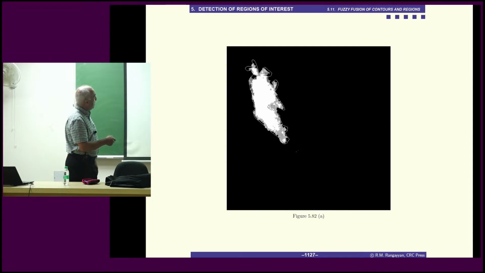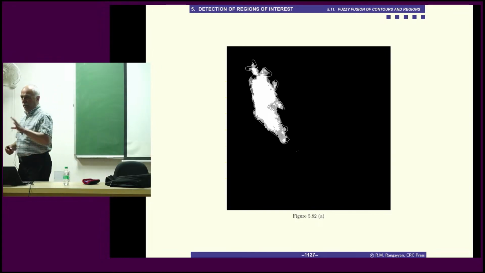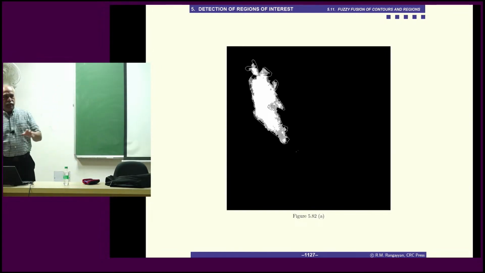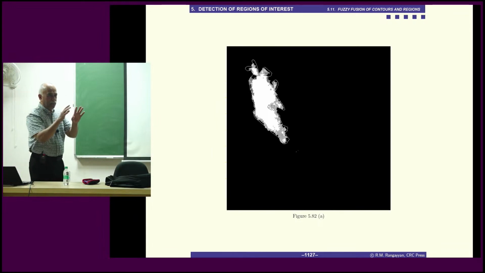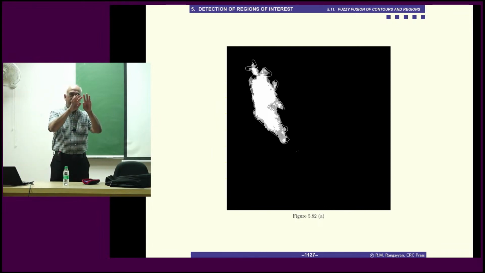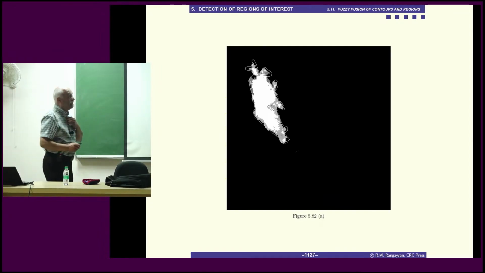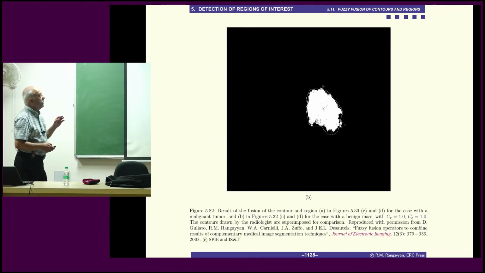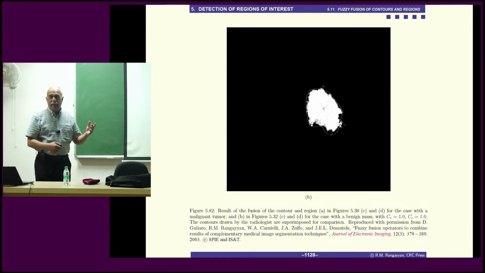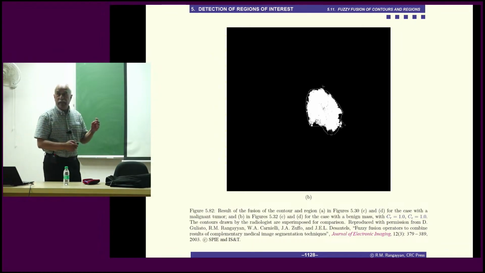So in the case of a malignant tumor, you see pixels around the boundary having low membership because the boundary is fuzzy, the tumor is not well defined, and the tumor is spreading. So fuzzy membership in this case does relate to the malignant nature of the tumor, whereas in the case of a benign mass, the membership is sharply defined right up to the boundary and not much beyond.